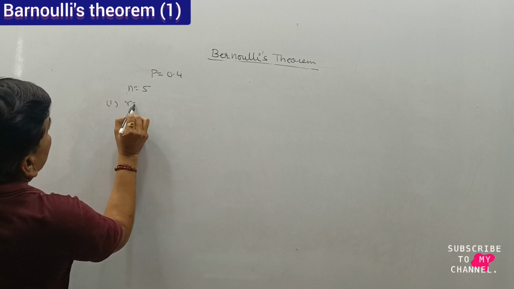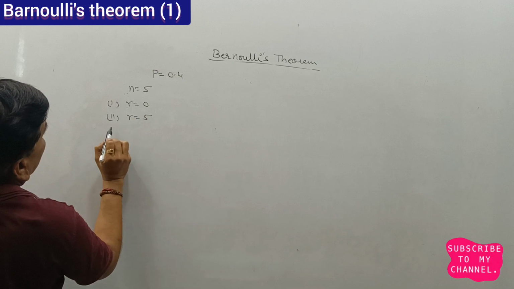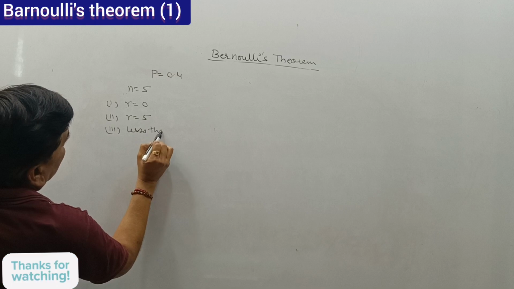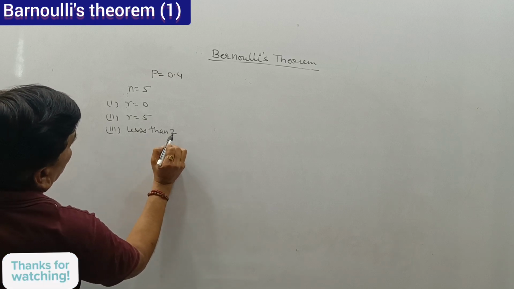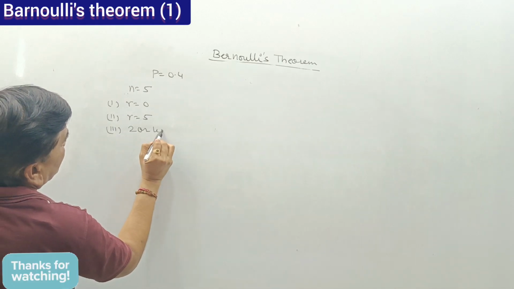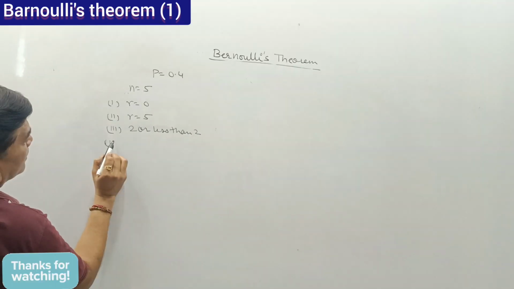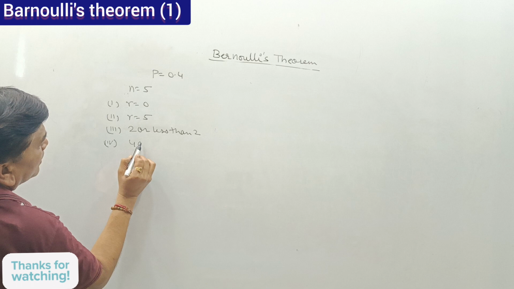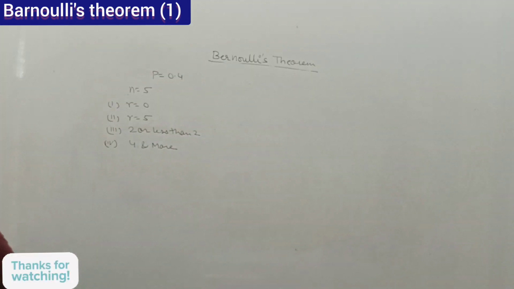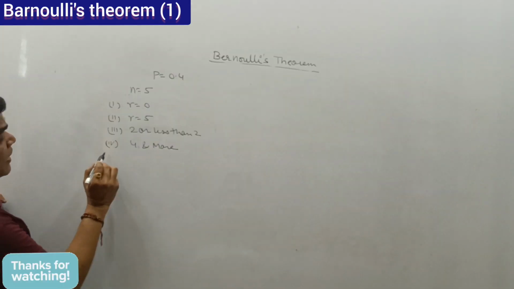The probability of getting 0, the probability of getting all 5, the probability of getting 2 or less than 2, 4 and more, and at least 1.